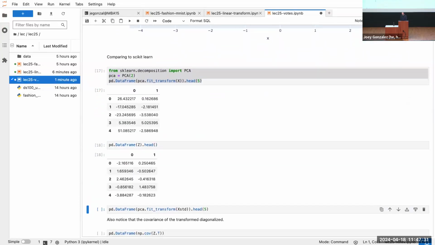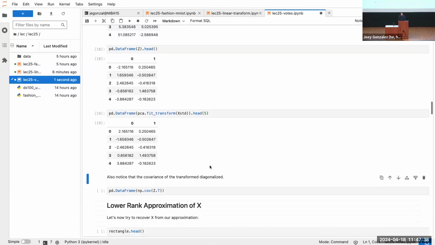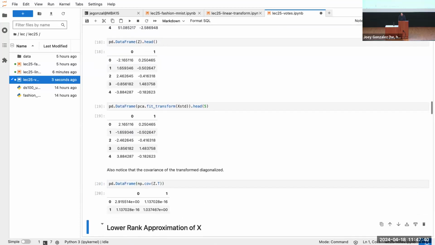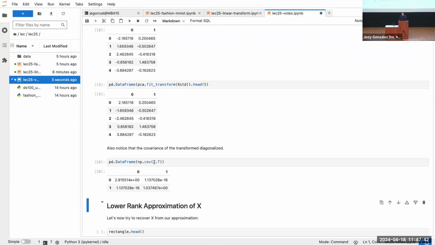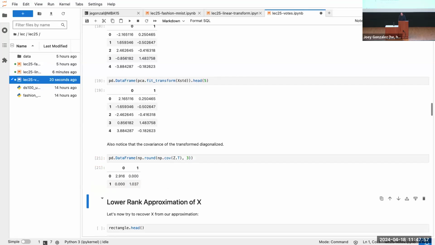All right, here's my Z again for this one. Let's actually look at something cool. If I look at my Z, my data projected onto the principal components, there's one last thing I want you to know. To make this easier to see, np.round, just like 3. That it's diagonal is important to know.